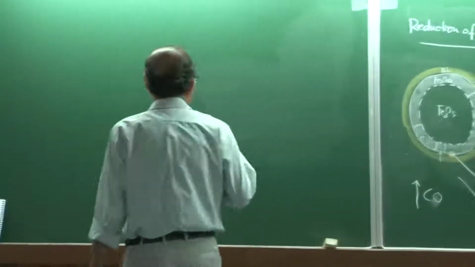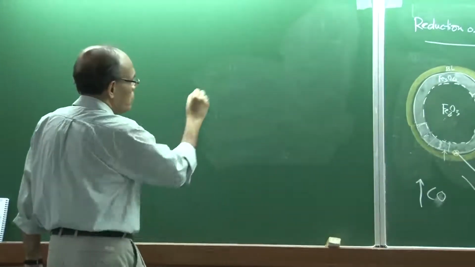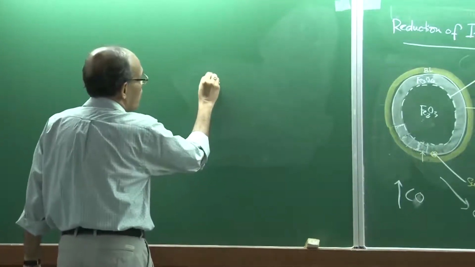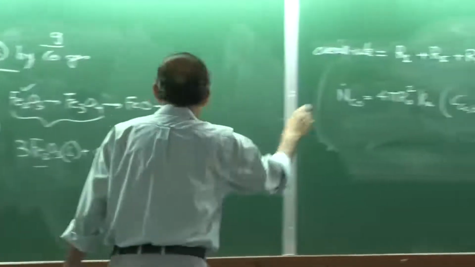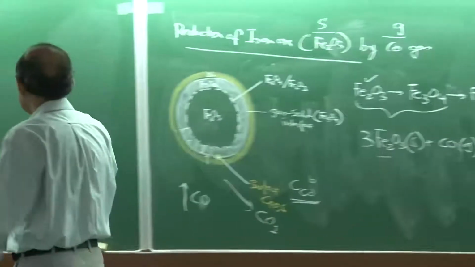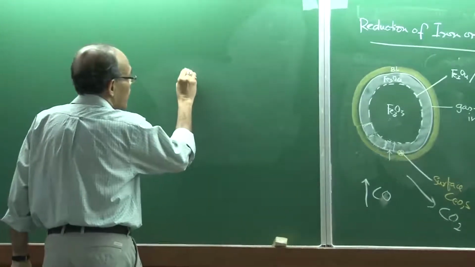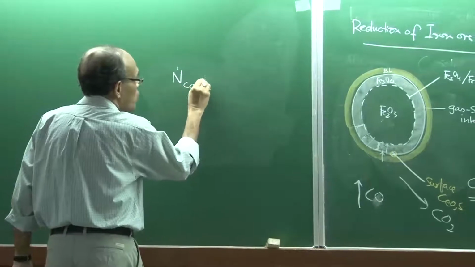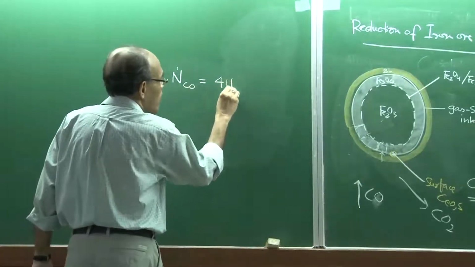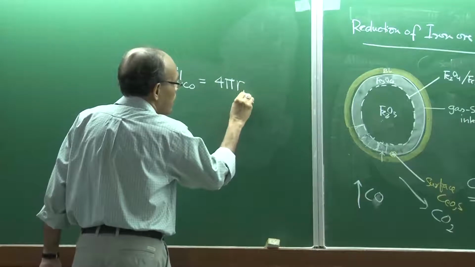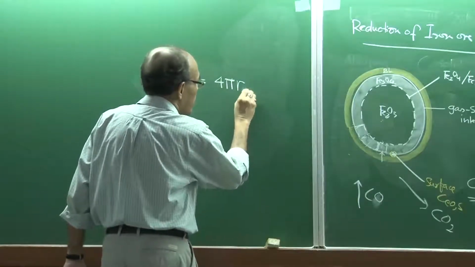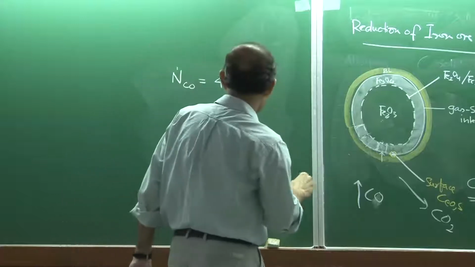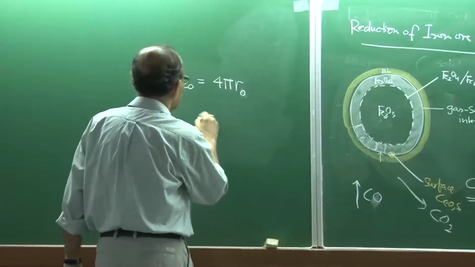If you remember, the flux expression I write here as n dot CO. So n dot CO is going to be 4 pi Ri square. So it has reached here.